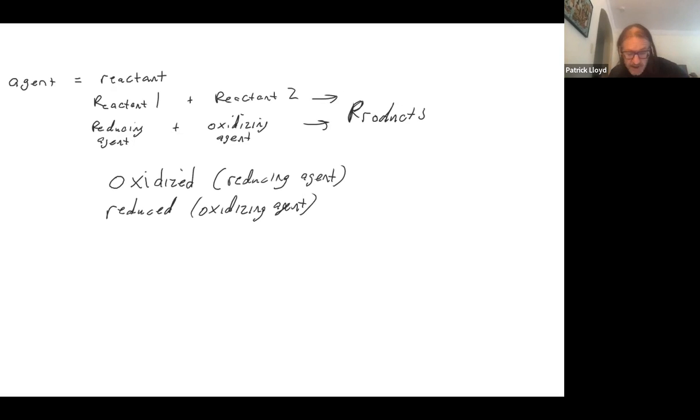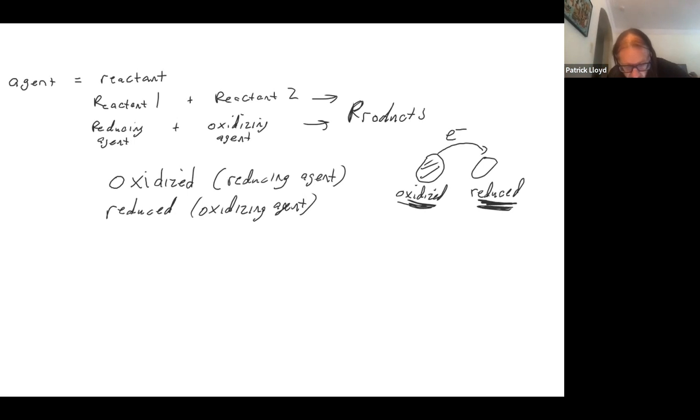The logic behind this is the following. This one is getting oxidized, losing the electrons. This one is getting reduced, gaining the electrons. But a reactant does something. A reactant reacts with something else. So if something is getting oxidized, that means it's losing the electrons and causing the other reactant to get reduced. This one is actively reducing this one.